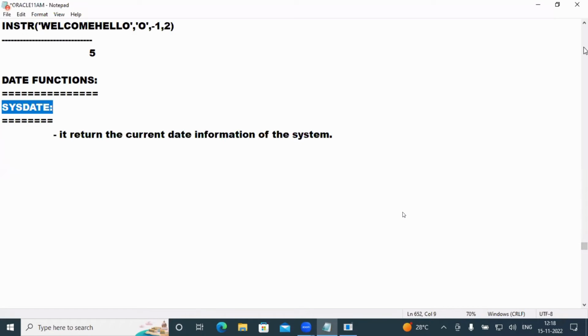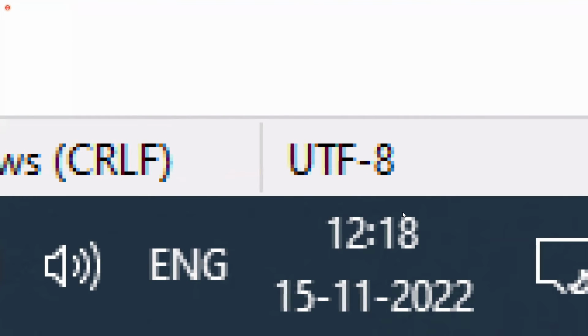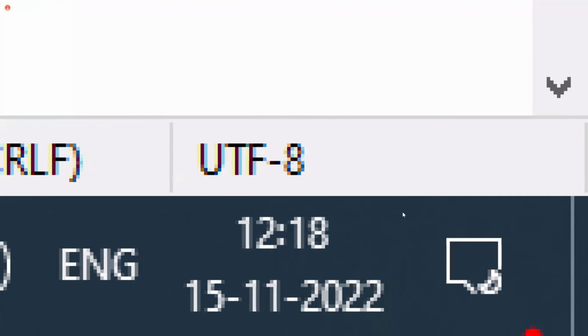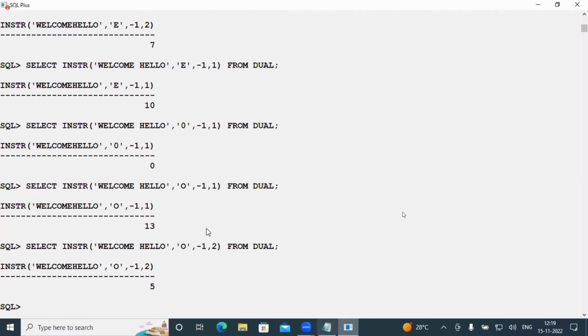Understand now? In my computer, what is today's date showing? 15th 11 2022. This is my current system date. So it returns the current date information of this system. Let me come out and see.